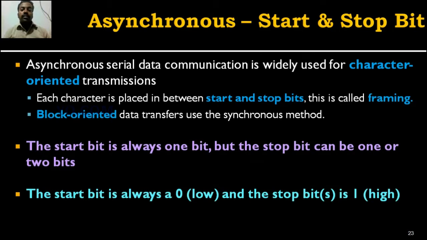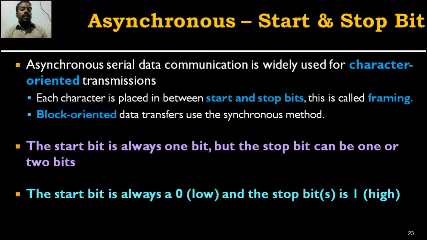Then the asynchronous start and stop bits. Asynchronous serial data communication is widely used for character-oriented transmission. Each character is placed between a start bit and a stop bit. This is called a frame or framing. Block-oriented data transfer uses the synchronous method, while character-oriented data transfer is used in asynchronous data transfer.